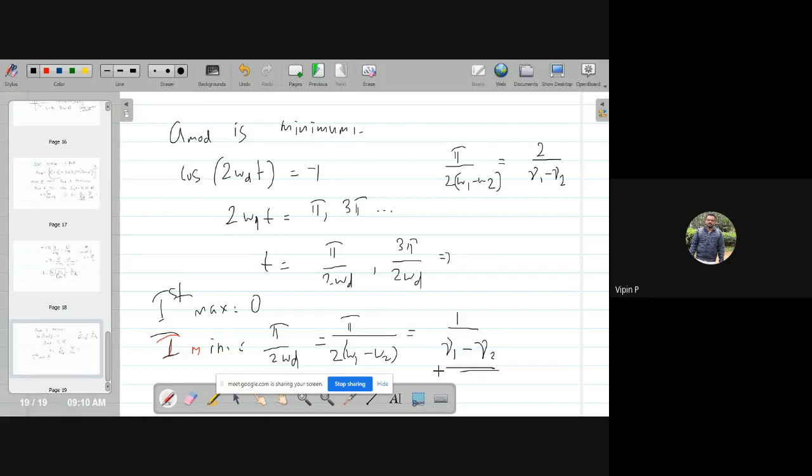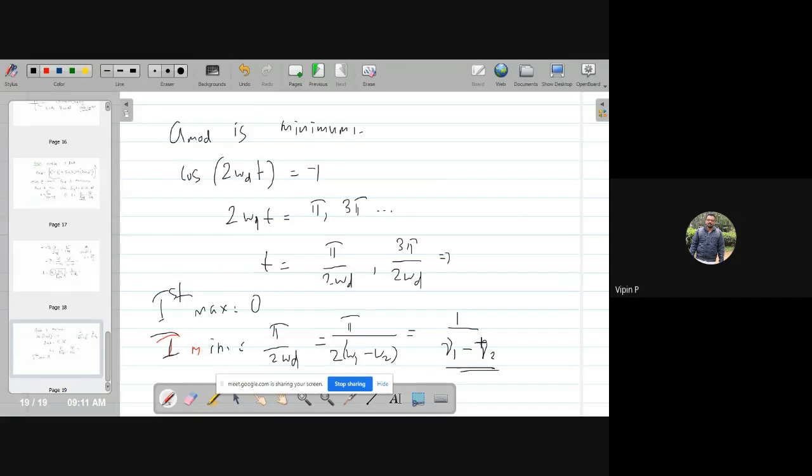Is that clear? Do you understand? Is it fine here? Ask me if you have a question here. This pi by 2 omega d, I'm writing it as 1 by nu 1 minus nu 2.